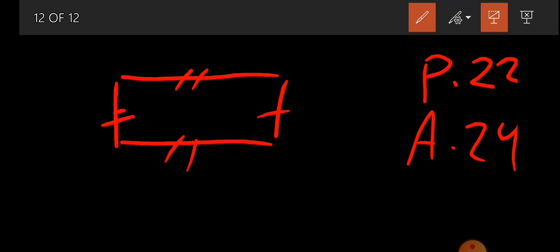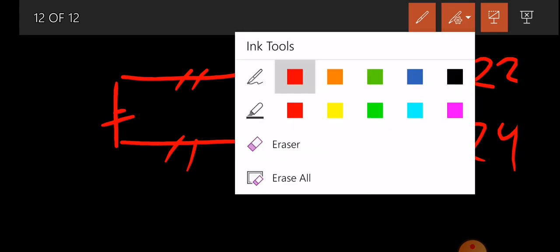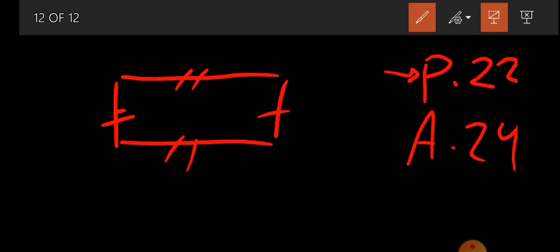Yes, it means half of the perimeter gives me just this side and this side. So this side plus this side is what? If the perimeter is 22, half of 22 is 11. So these two sides together, the green part, is 11. Why? Because the four sides are 22, so half of it is 11.